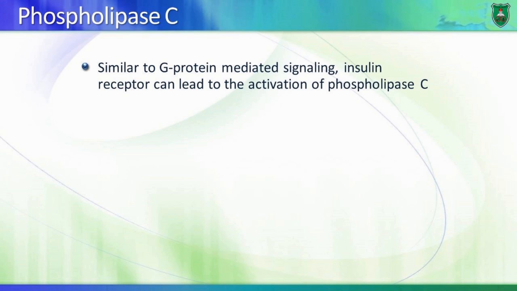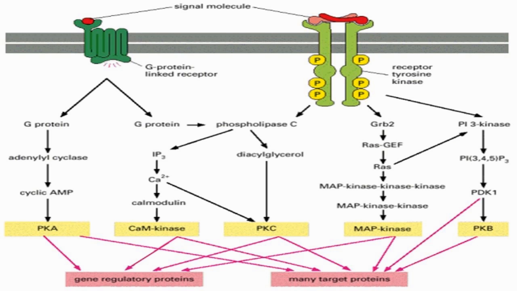Now, one target for this receptor is activation of phospholipase C, and you remember what phospholipase C does. Conversion of PIP2 into IP3 and diacylglycerol. So you have the activation of multiple pathways by the same ligand and same receptor. Okay, so this is the crosstalk that I talked about.